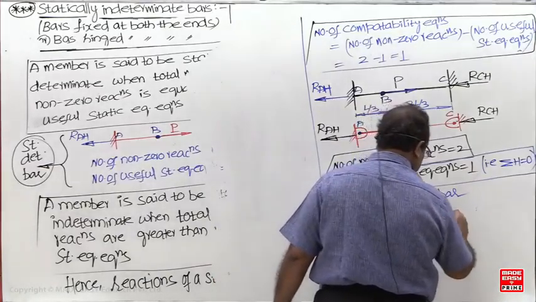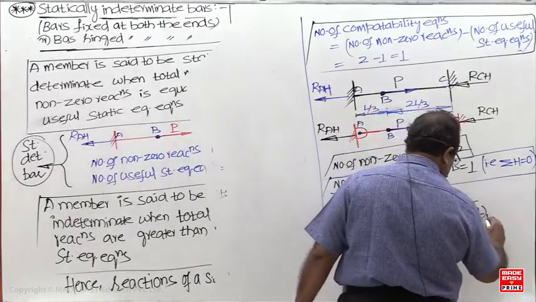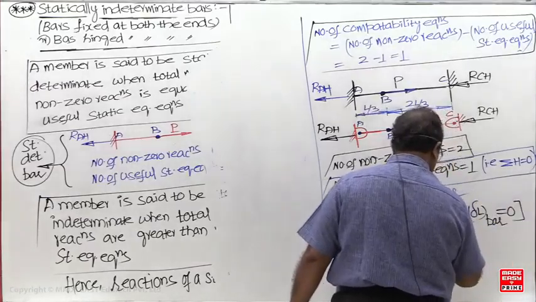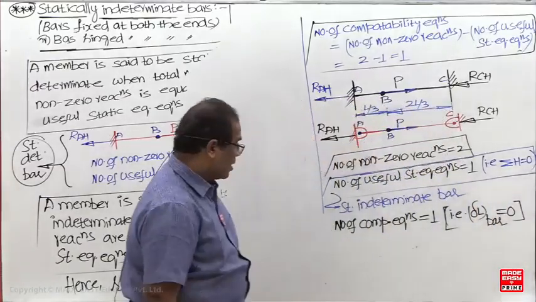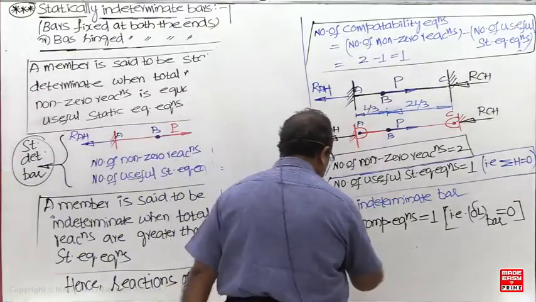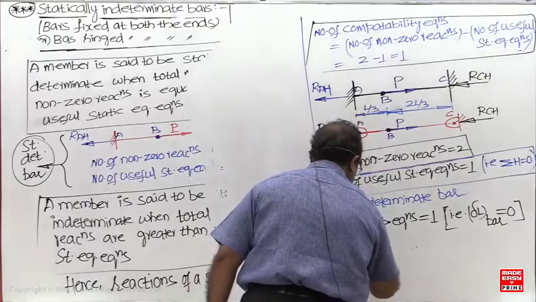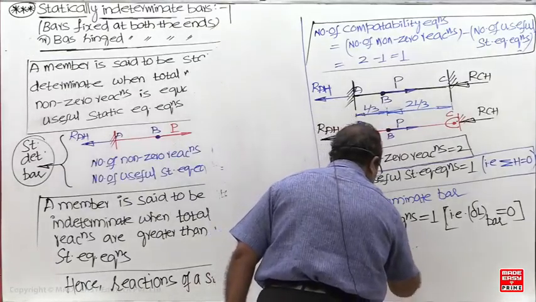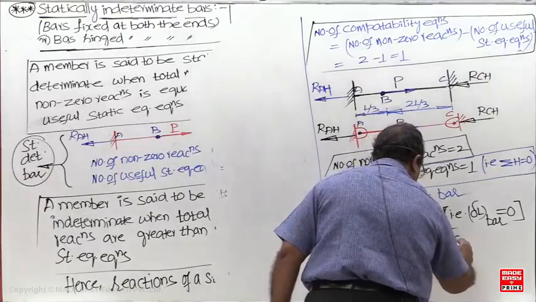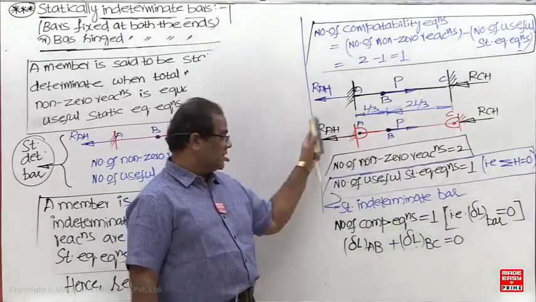So which equation do I have to take? That is, change in length of the bar should be 0: change in length of AB plus change in length of BC. Now this is the compatibility equation, total change in length in series.